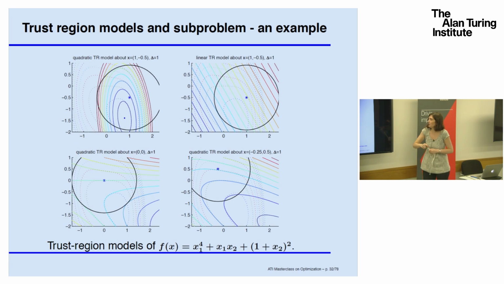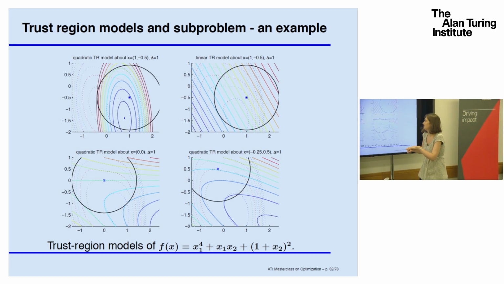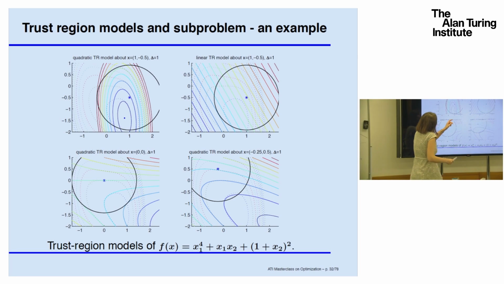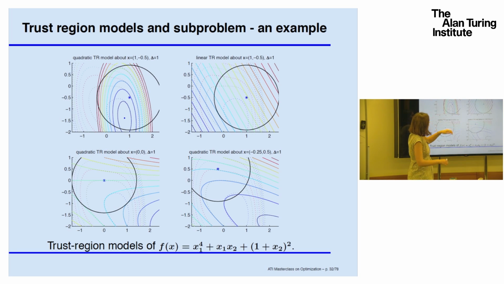So here's a plot. These dashed contours are the contours of my underlying nonlinear function. Then I have my current iterate here. And these are the contours of my local quadratic model.